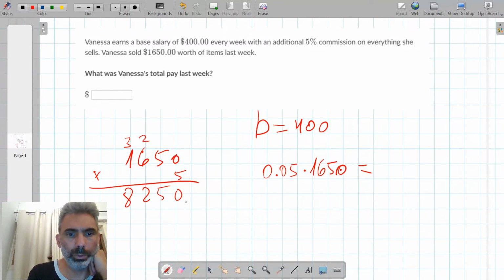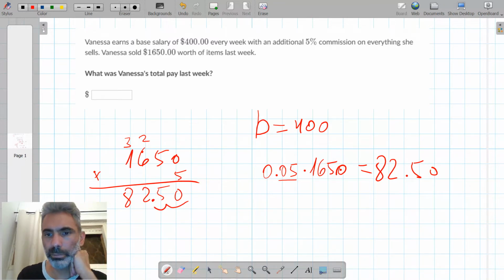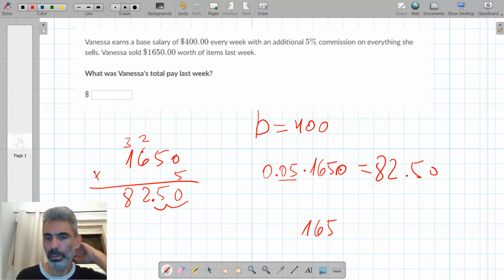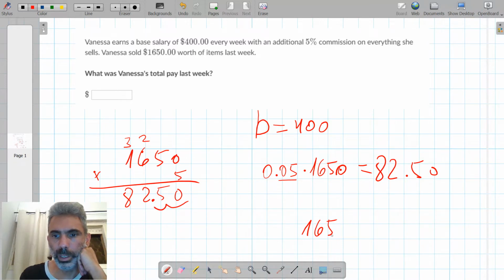We need to shift the decimal point 2 places to the left, because we have here 2 digits to the right of the decimal point, so the answer is 82.50. Is it reasonable? 10% of 1,650 is 165, and 165 divided by 2, 160 divided by 2 is 80, and 5 divided by 2 is 2.5.